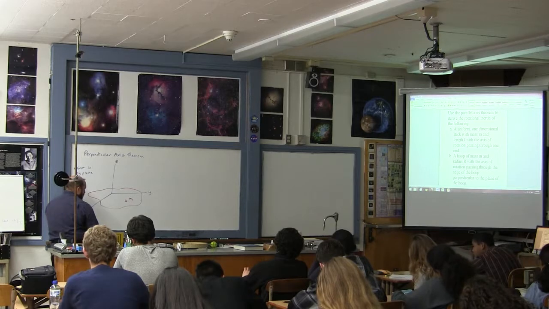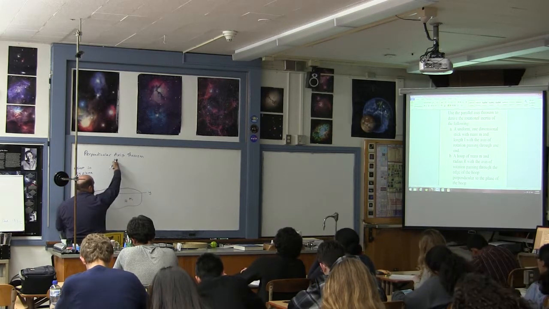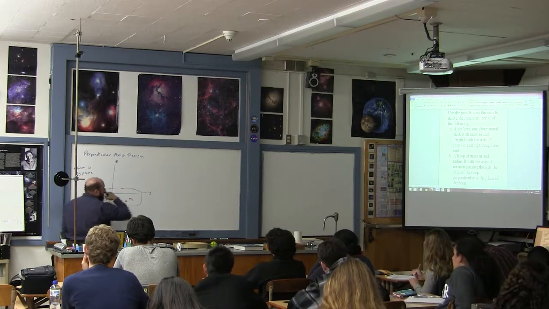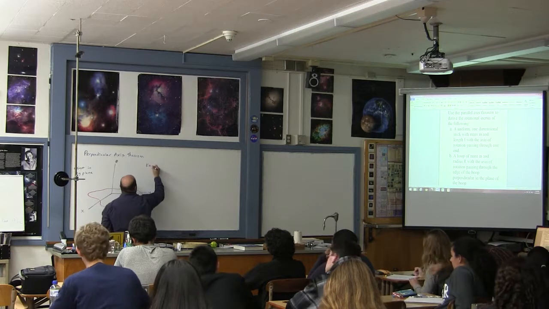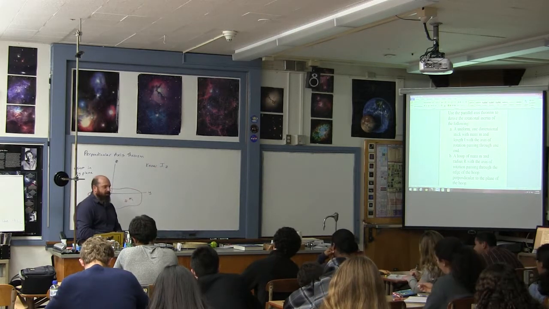And that m sub i right here is some distance away from an axis of rotation that we'll say is parallel to the z-axis. So let's say that we already know the rotational inertia of the thing about the z-axis.